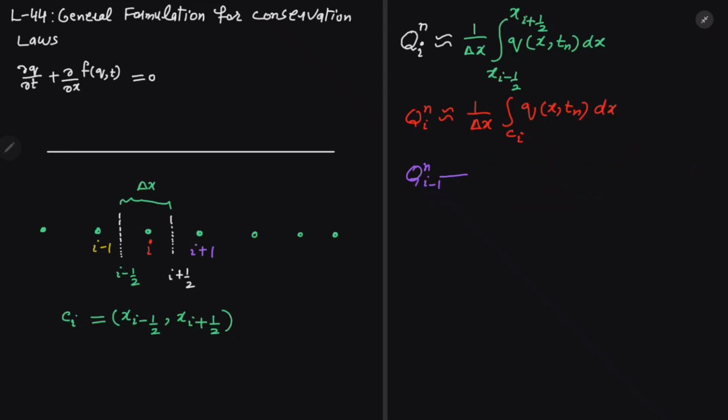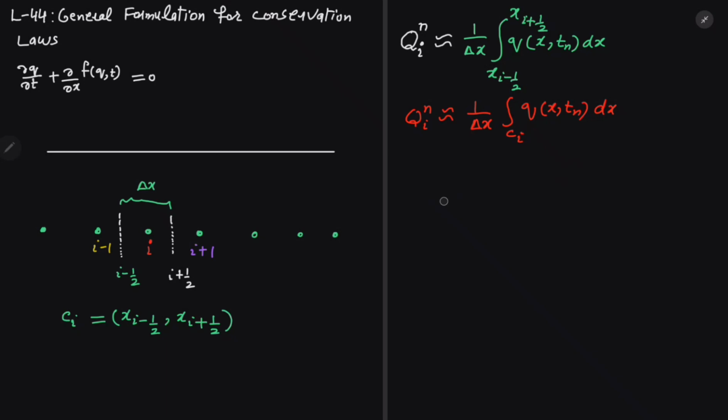Again, for example, Q_{i+1}^{n+1} means the solution at n plus 1 for cell i plus 1. That's how we define the numerical solution. I hope you got the point.